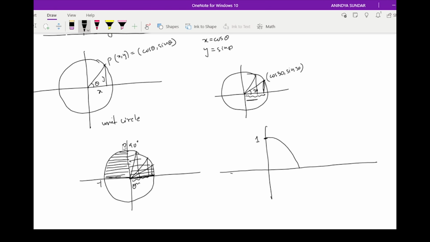So from 0 at this point to this point, the horizontal line has increased, but in the negative side. So it will go up to -1. This is basically our pi, and this was pi by 2.